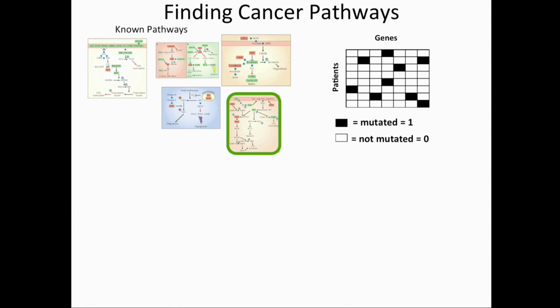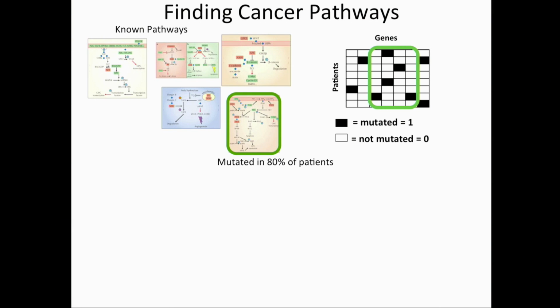For example, we can look at this set of genes and take the corresponding genes in our mutation matrix, in which we have patients on the rows and genes on the columns, with a 1 if a gene is mutated in a patient and a 0 otherwise. Now we can count in how many patients this set of genes has at least one mutation. If this number is large enough, maybe 80%, then we can use the same statistical test that we have seen before to say that this set of genes is significantly mutated in cancer, and therefore is a cancer pathway.